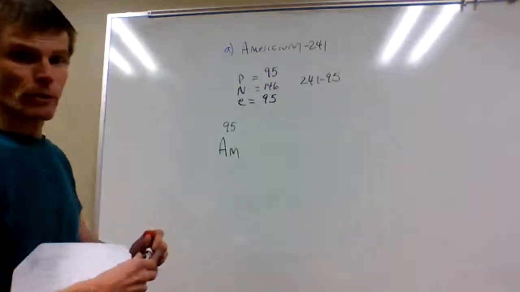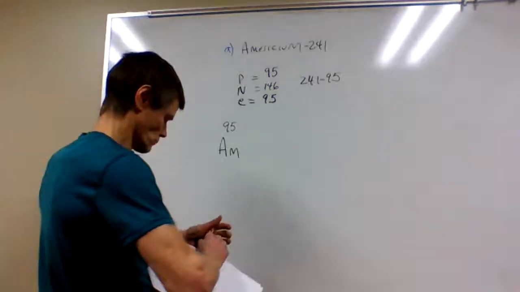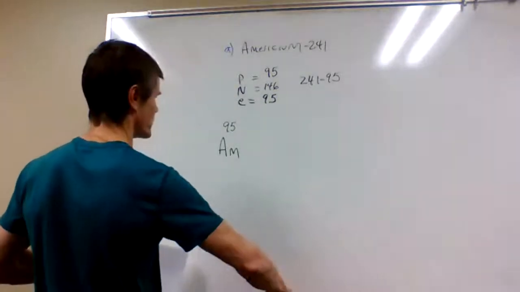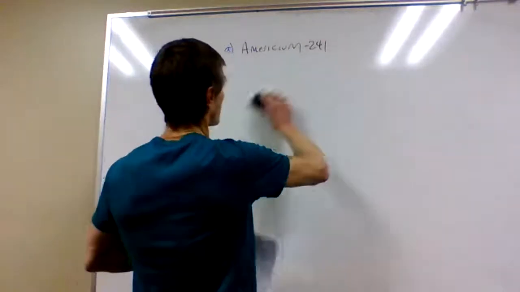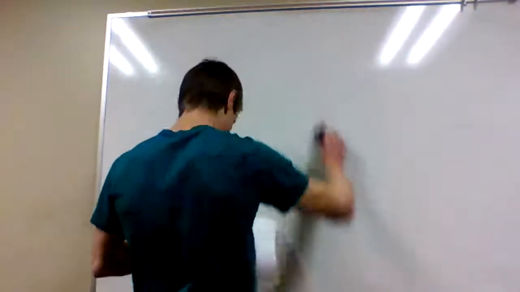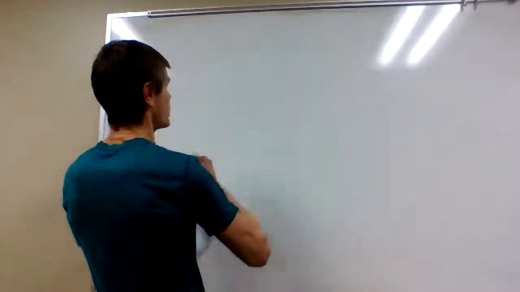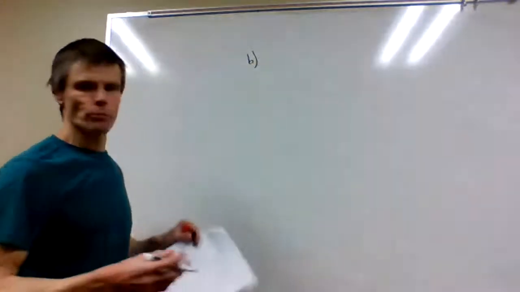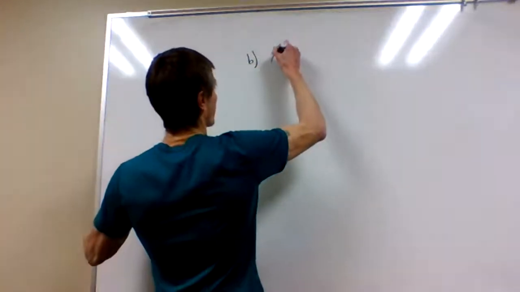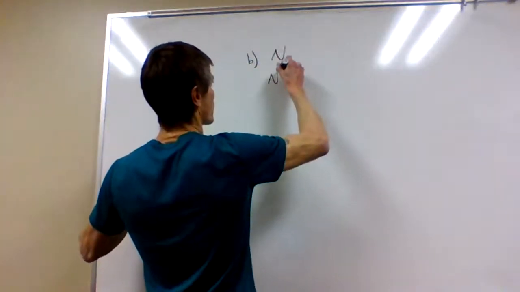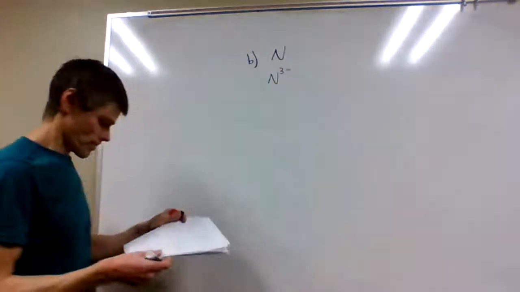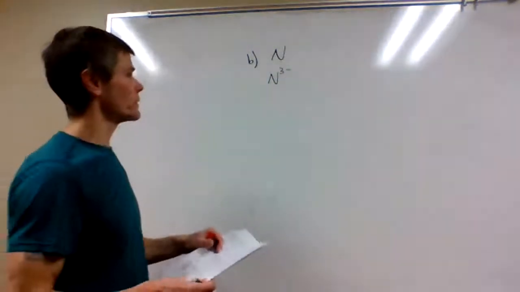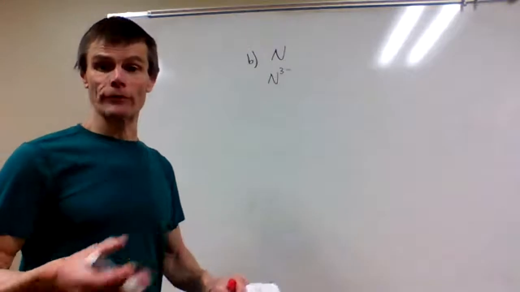Let's look at our second question. Question B. We're looking at two particles. And the question is, these two particles have different numbers of what?